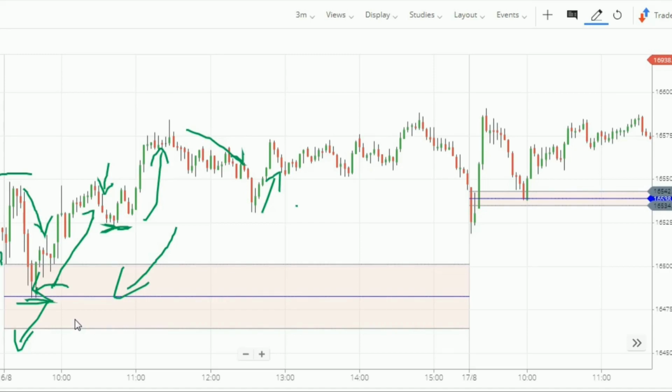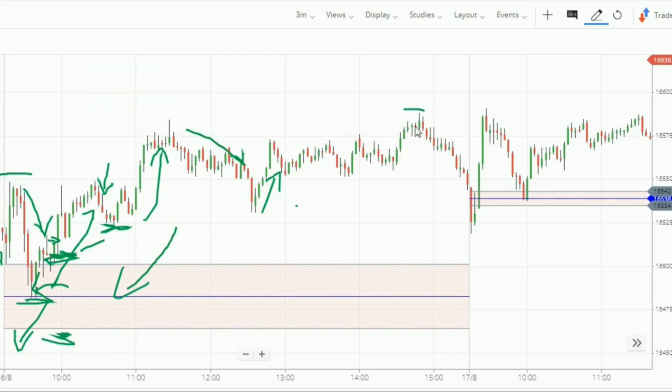so we would have taken a trade somewhere here. Why here? Because I told you we will wait for the CPR breakout. So we would have taken the trade somewhere here on this candle and kept our stop loss somewhere here and taken profit somewhere here. Why here?